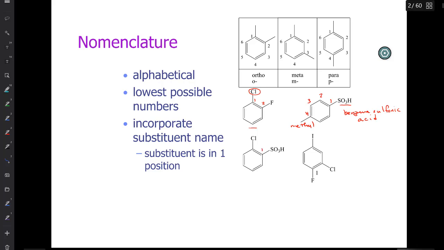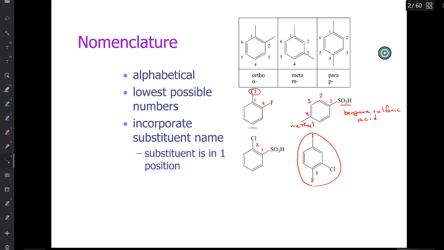This would be the one on the bottom left. This would be 1 and 2, so that'd be 2-chloro. You'll notice that you have 3 substituents on this one, and so when you name it, the second substituent gets the lowest possible number. If you remember, that's how we did ties in straight chain molecules before. So if I start on the fluorine, call that position number 1, and go here, that's 2, 3, and 4.